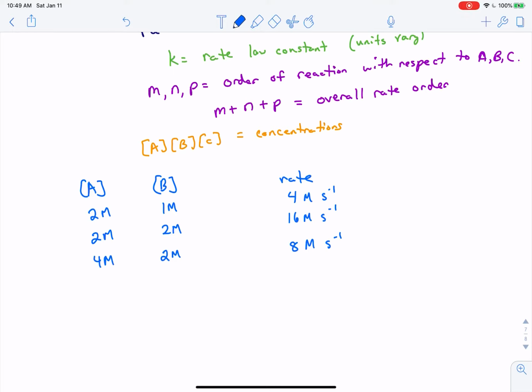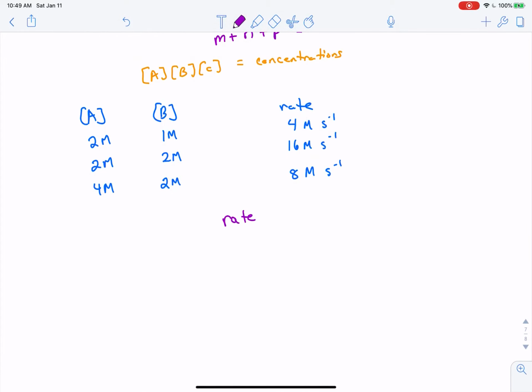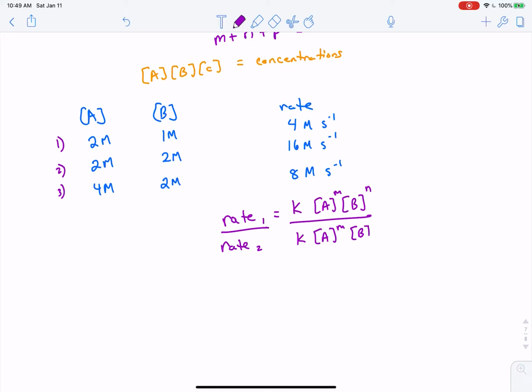All 3 trials are the same reaction. So, therefore, the rate of, let's say trial 1 and its K value and its A value and B value is proportional to the rate of trial 2 and its K value and its A value and B value as well. Okay.